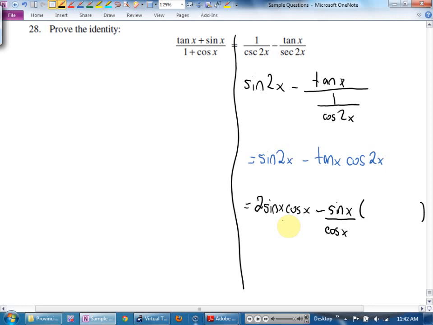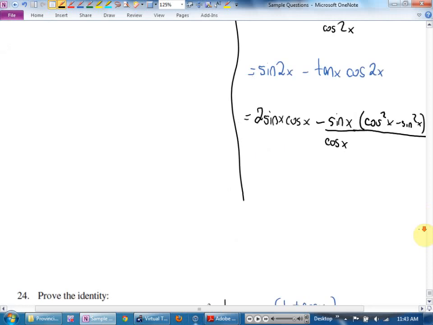I think I'll try writing this as one big ugly fraction because this is one big ugly fraction. Gotta try something. And it's a fairly nice common denominator because this is technically over 1. What's my common denominator? So if I hear you correctly, I would multiply the top and the bottom by cos x.